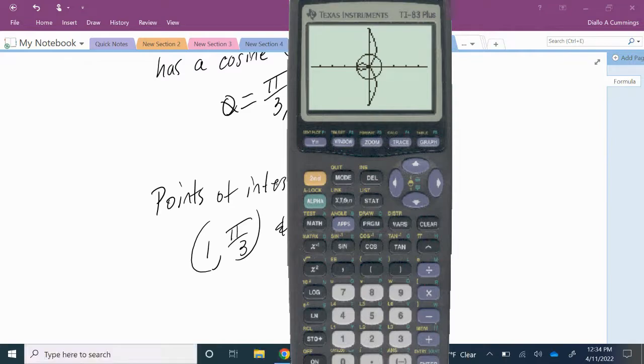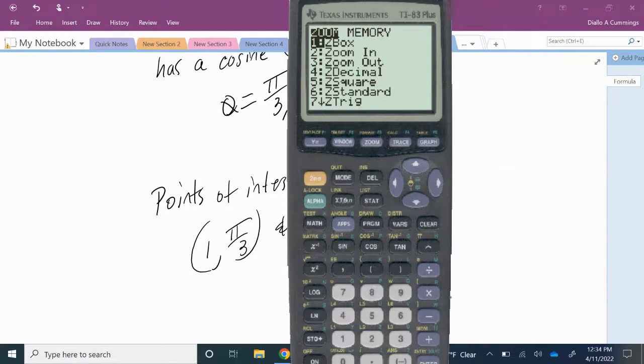Now one thing, there is no calculate. If we were dealing with rectangular coordinates, we can do a calculate and then find a point of intersection. But I believe I can do a trace. I'm going to blow this up slightly.